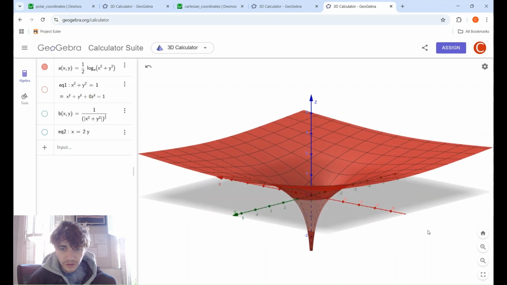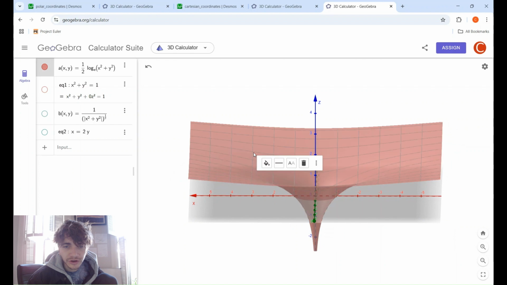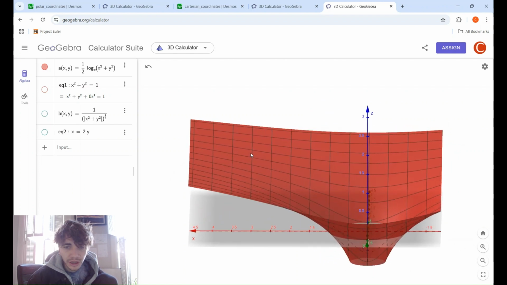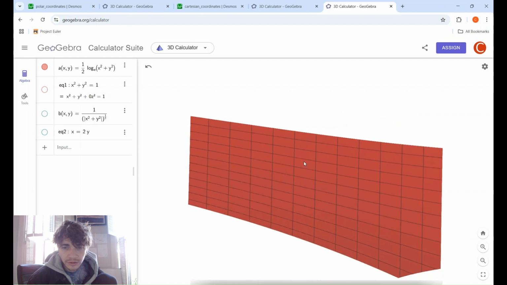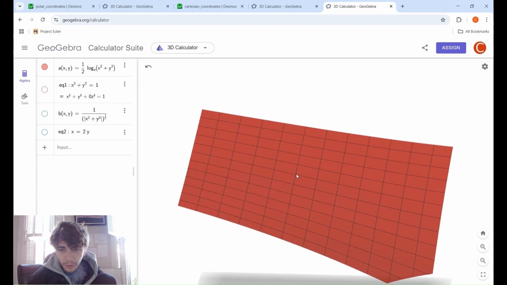Okay, so what that means is that if I fix a point that's not on the origin and I zoom in to this surface at some fixed point, then this point should look like the average of the points nearby it.